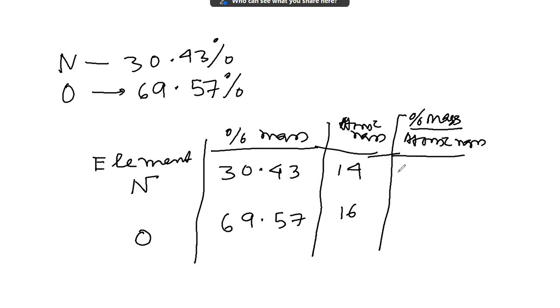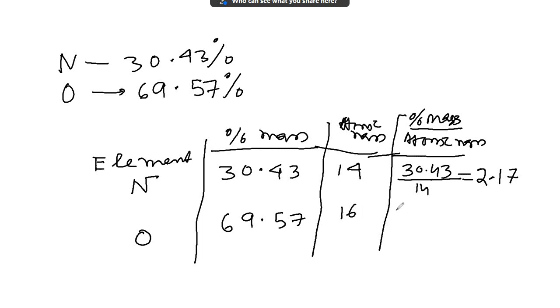So what will it be? 30.43 by 14. What does it come to? 2.17 roughly.